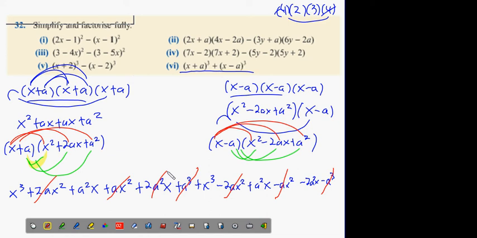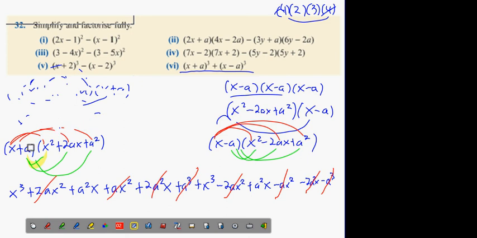Oh yeah. 2a squared x. What's left now? Can you tell me what's left now? Come on, lads. A squared x. Okay, so what's left then? x cubed plus a squared x.